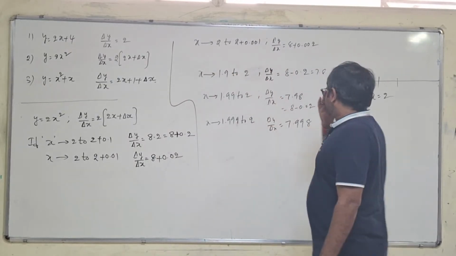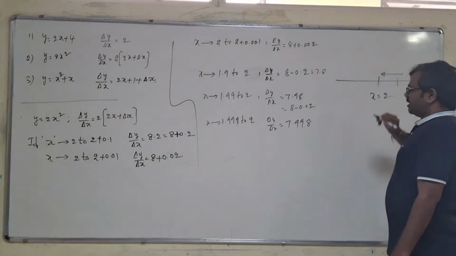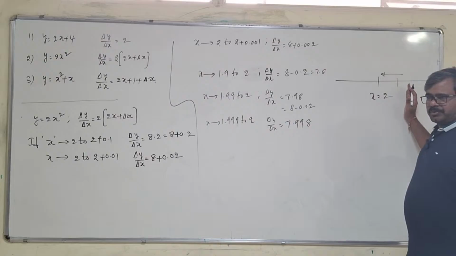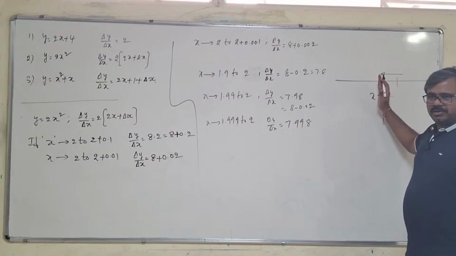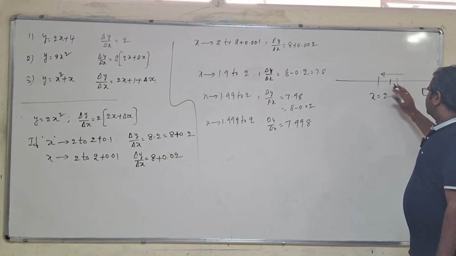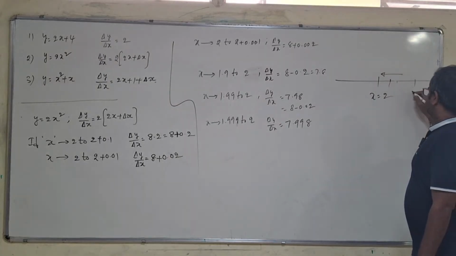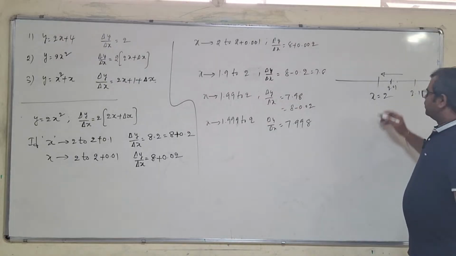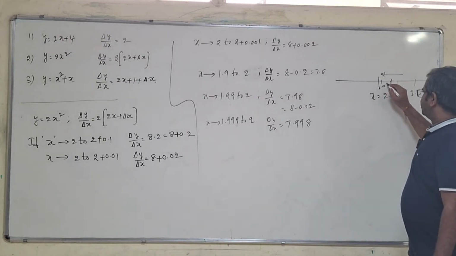As you approach 2 from the right side on the number line, from greater numbers, you approach 2 from 2.1, 2.01, 2.001. Are you following what I'm saying? Let's say this point is 2.1, this would be 2.01, this would be 2.001.